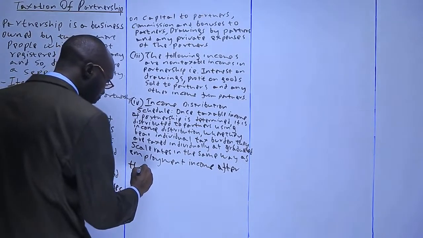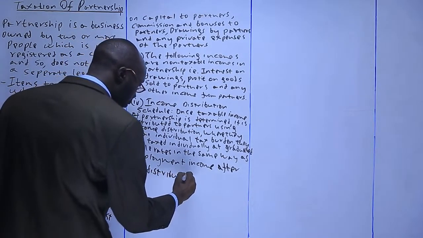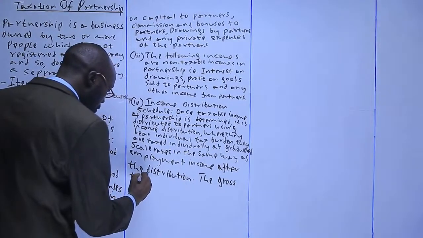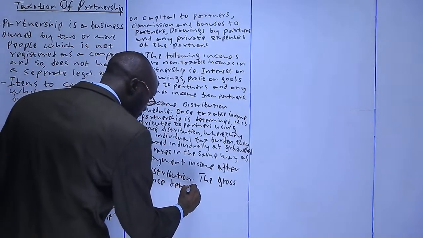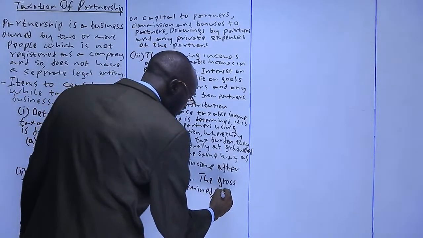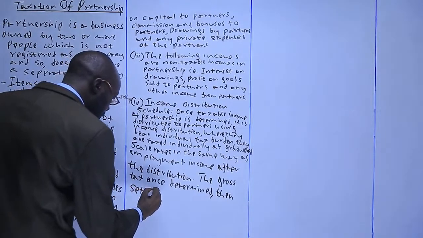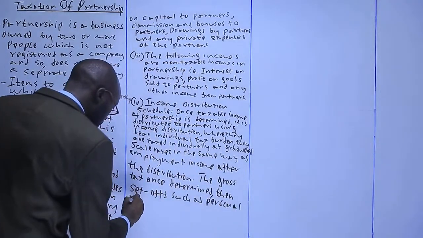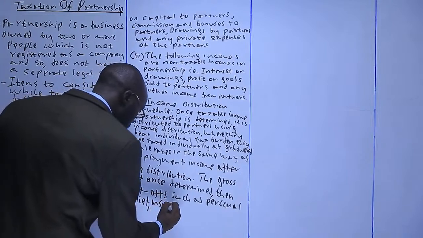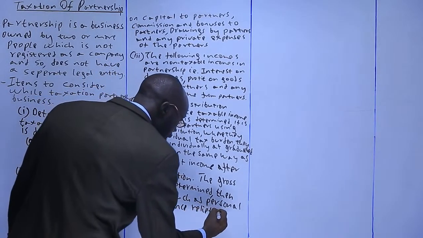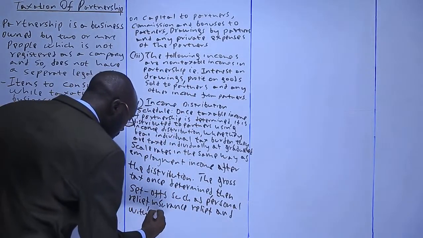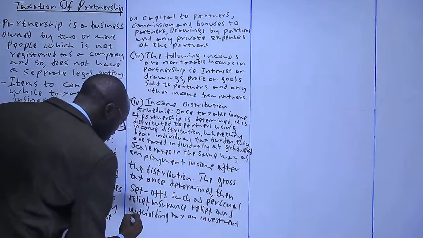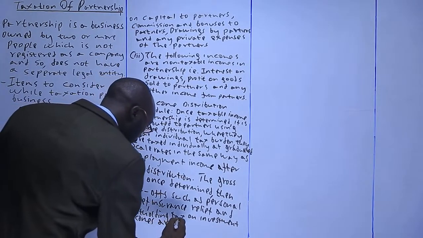After the distribution, the gross tax, once determined, then set-offs such as personal relief, insurance relief, and withholding tax on investment incomes are deducted.